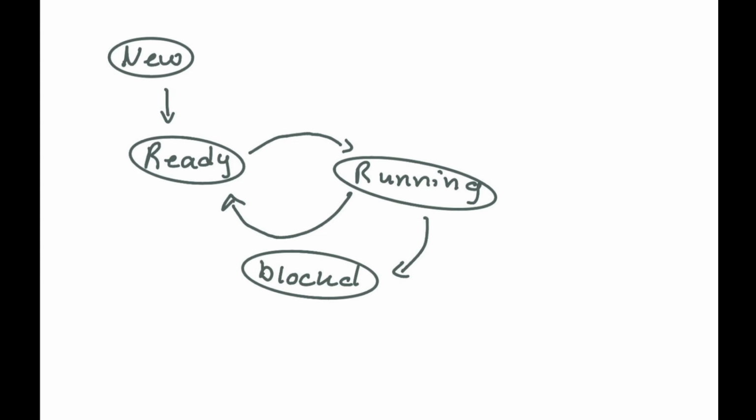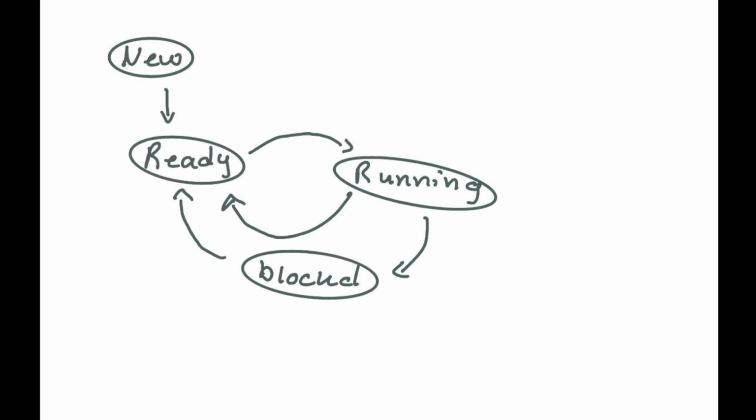It's going to be blocked. From blocked, it can go to ready, because after it's done waiting, it can't go right back to running, because something else is being run now. It's already given up its time to something else.